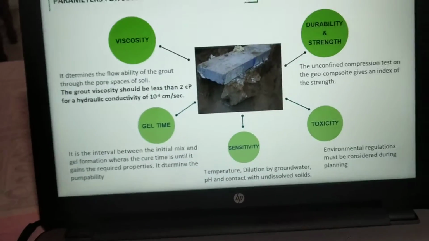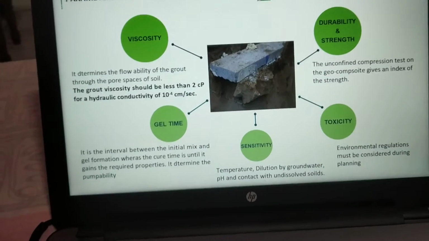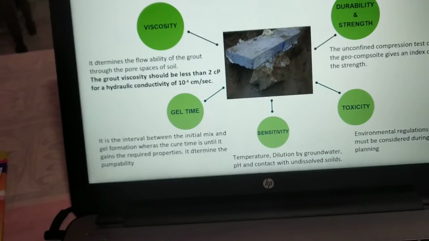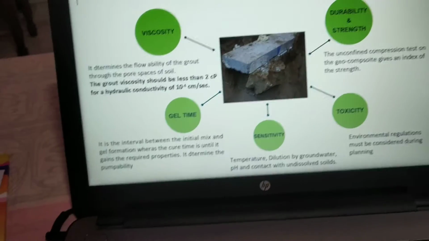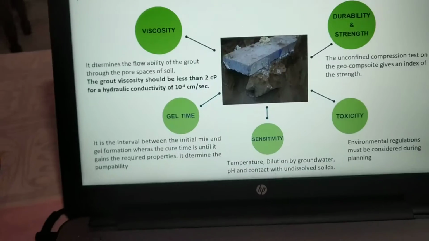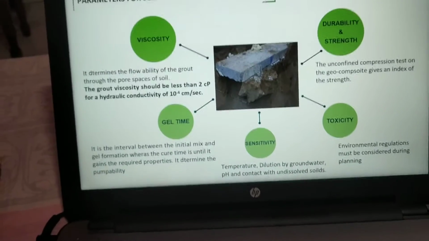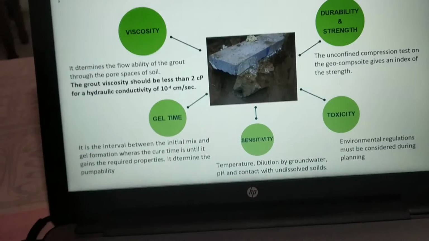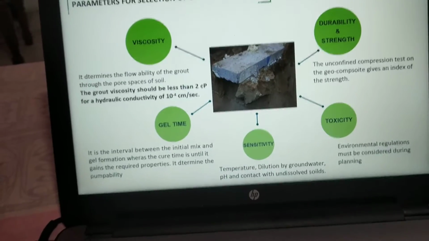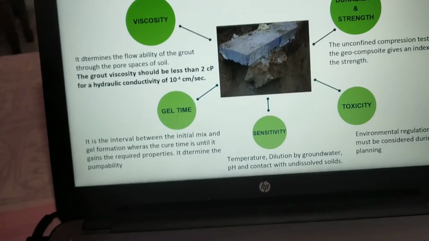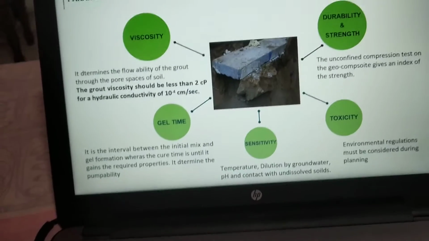The epoxies and the furans have been found to be highly durable, whereas the acrylamides and the acrylates have been found to be less durable in harsh temperature conditions. The strength can be determined using the unconfined compression test, by using a uniaxial testing machine or a universal compressive strength testing machine, so that we can get the index for the strength.